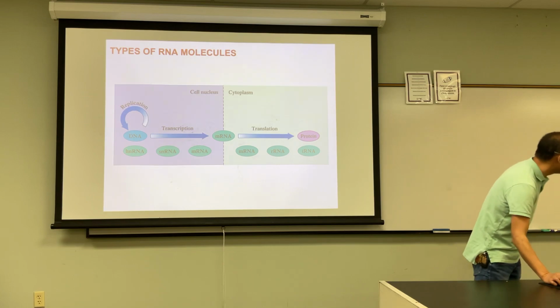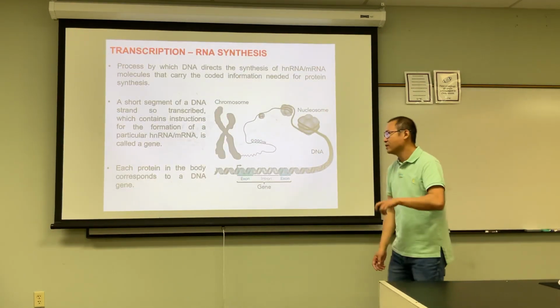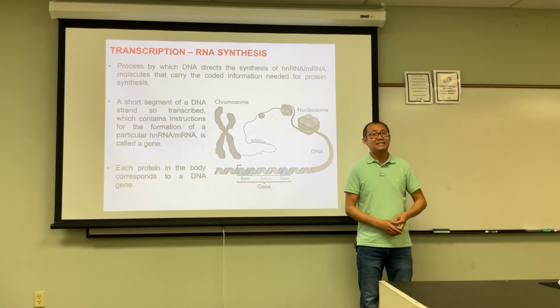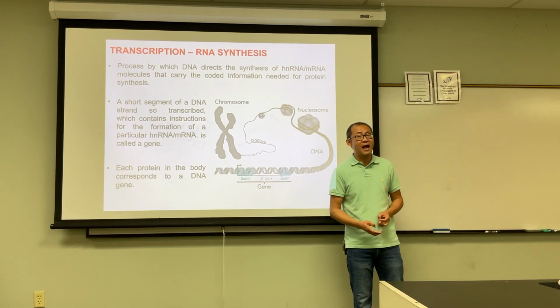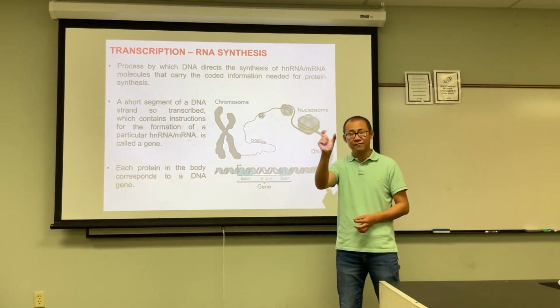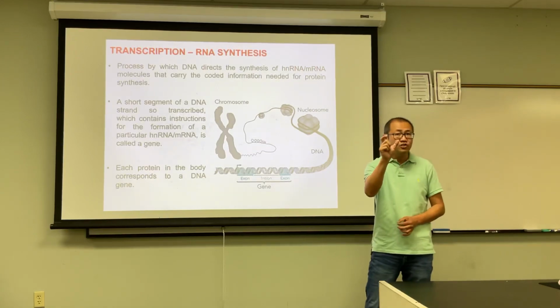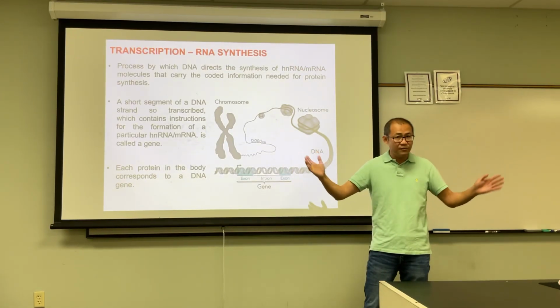Okay, now let's take a look. When DNA is about to get transcribed, normally it's not the whole piece of DNA that gets transcribed. When transcription happens, it happens at fragments. So a certain piece of information sometimes needs to be transcribed, not the whole piece of DNA.